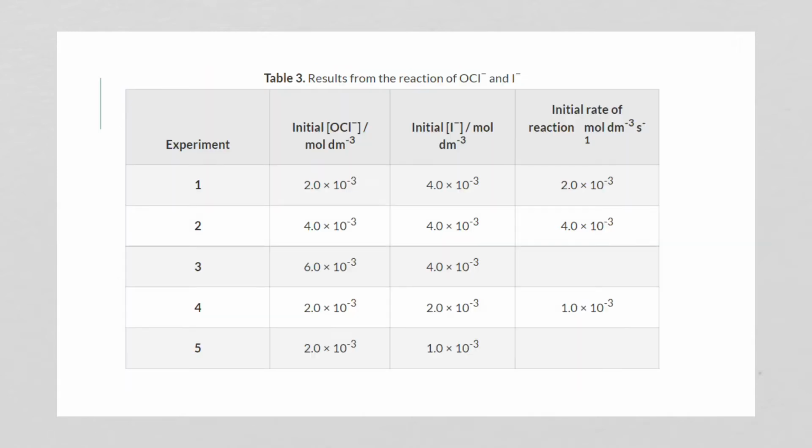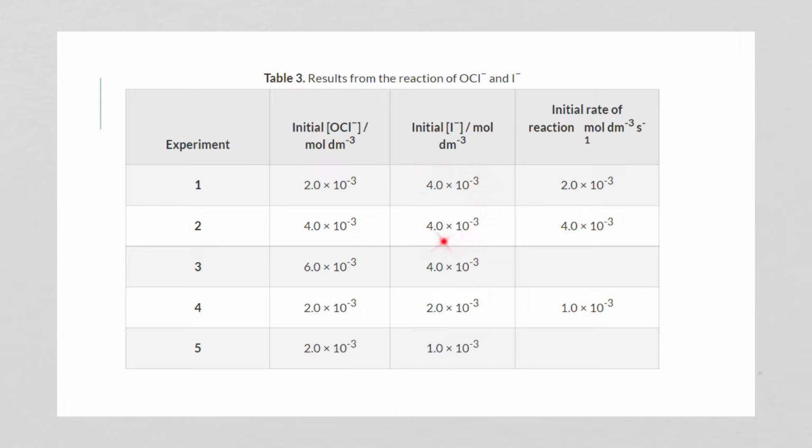So as you can see in the first experiment, we had 2 moles per liter of OCl minus, and we had 4 moles per liter of iodide ions, and the initial rate of reaction was this. So you just do your reaction, calculate the rate. Then in the second experiment, if you notice, we started with 2 here, now we doubled. So we doubled the concentration of the first reactant.